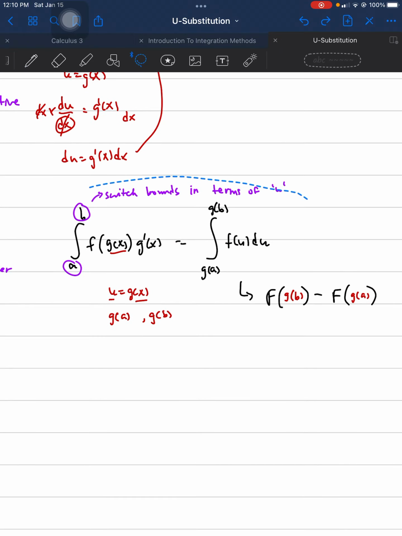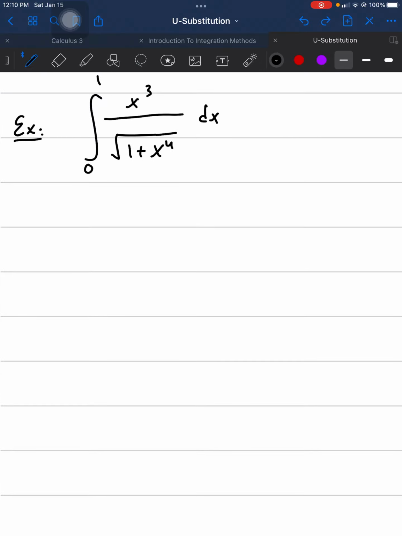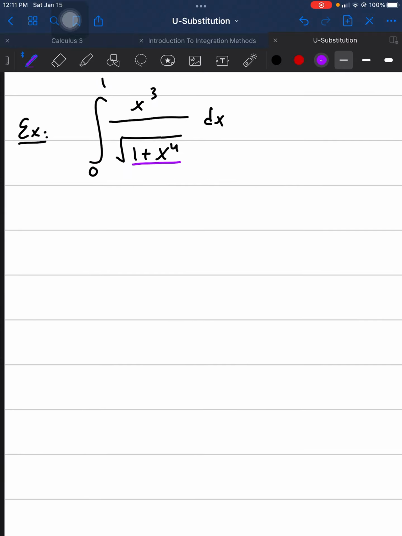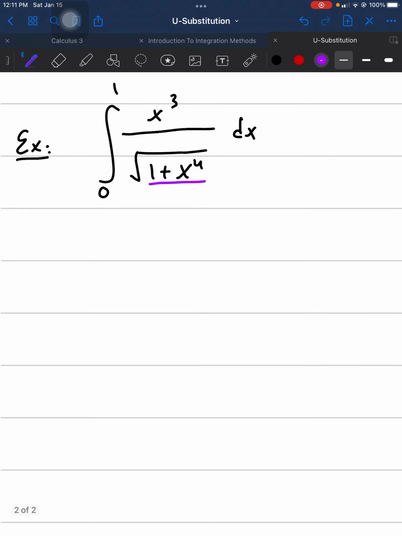So first things first, we want to actually determine what is u. What are we going to plug in for u? And we can do that by looking at whatever is inside of parentheses or under a root. So we see that 1 plus x to the 4th is under a root. And we know that we're gonna need du. That means that we're gonna need a derivative that's gonna help us basically turn this dx into du.